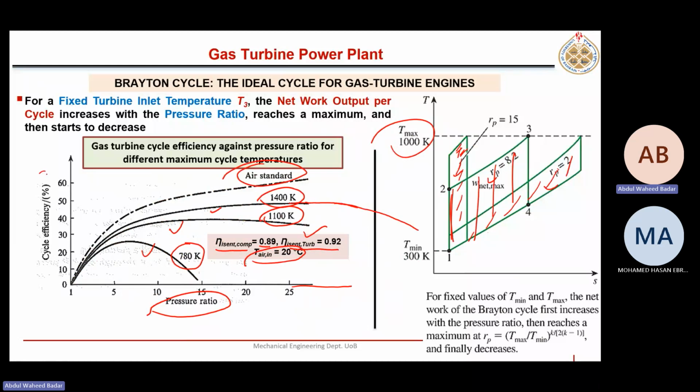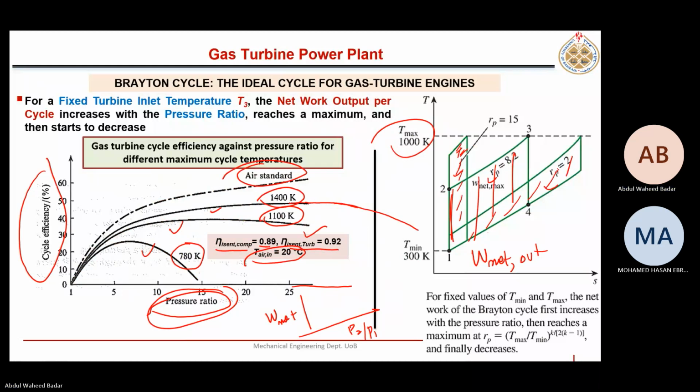Now this is cycle efficiency versus pressure ratio. Instead of cycle efficiency, I can also plot W net out, as a function of pressure ratio, Rp. Why not?